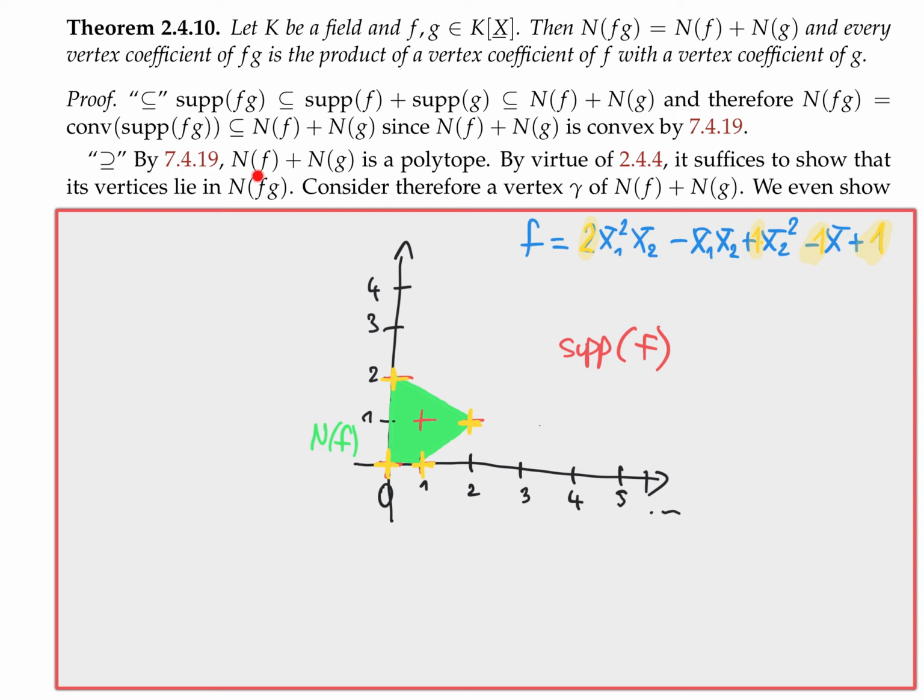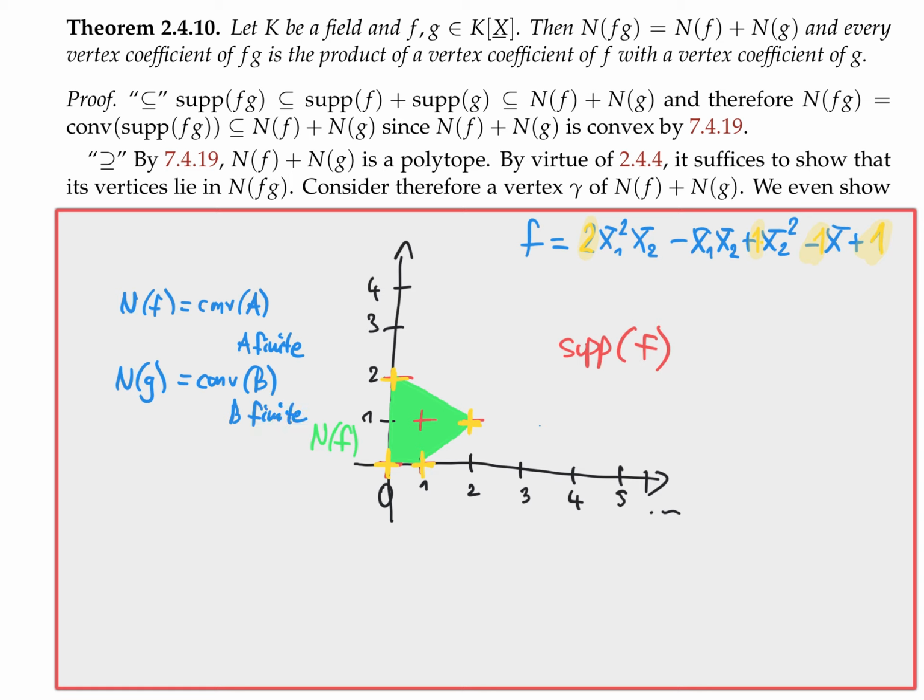N of f plus n of g is a polytope by 7.4.19. Why is this? Well, n of f is the convex hull of a finite set A, right? And n of g is the convex hull of another finite set, B, right?